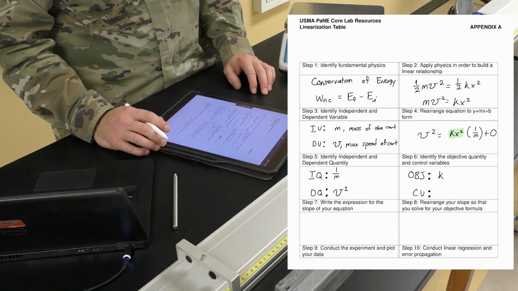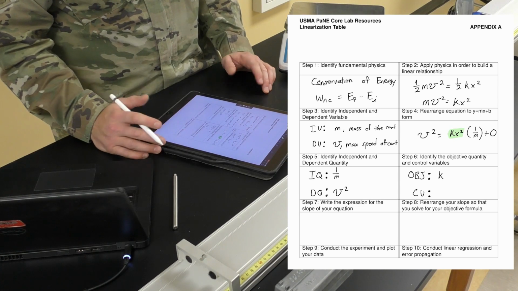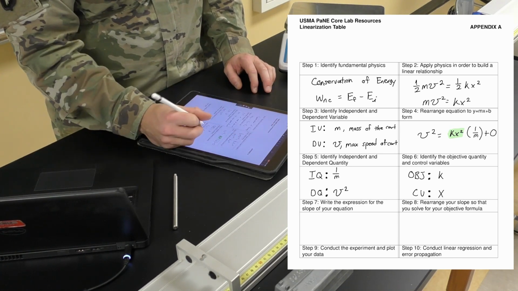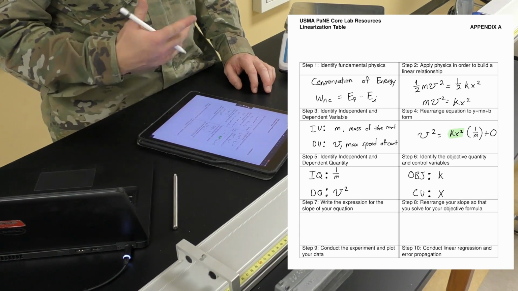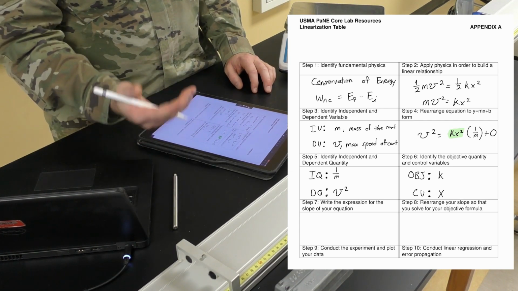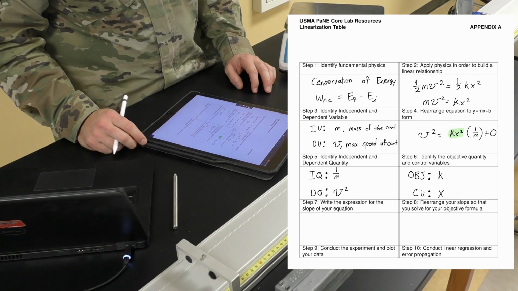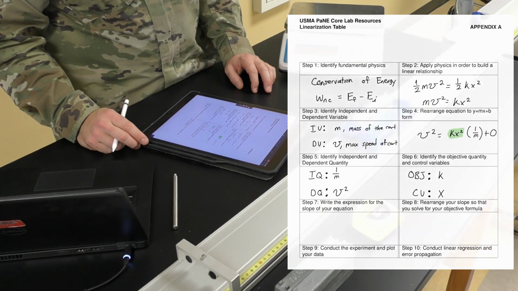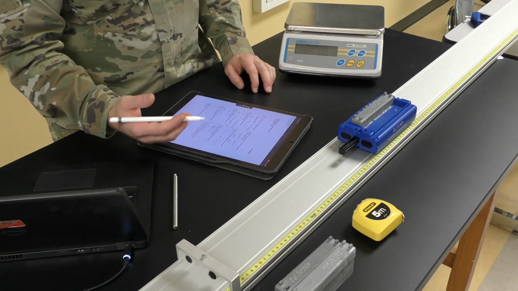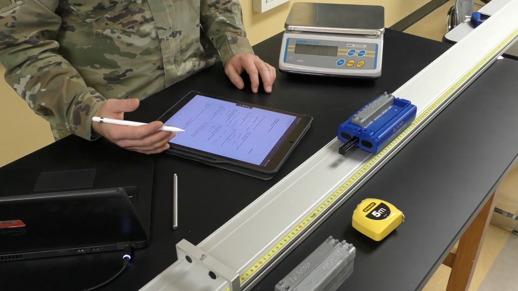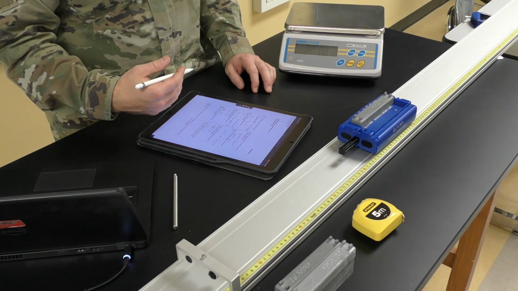In this case, I have the displacement of the spring squared, or x squared. So I'm going to measure the amount that the spring is displaced once. I'm going to assess this uncertainty once, and then I'm going to use that as a control variable through the uncertainty propagation process.